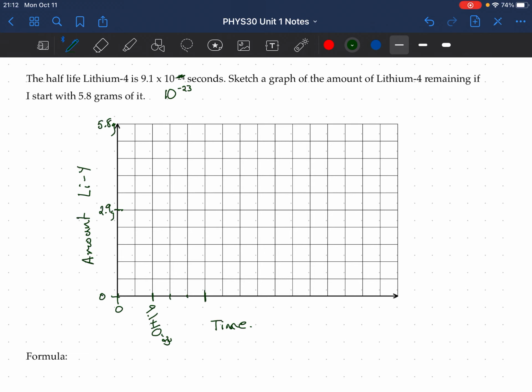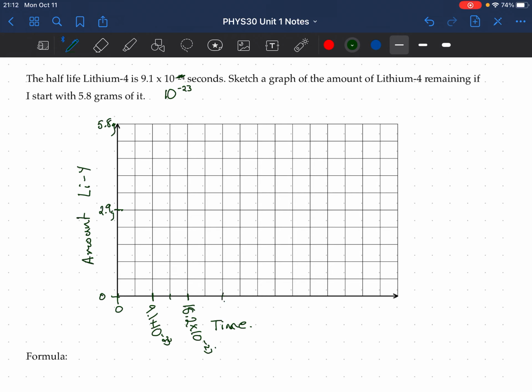Then this will be twice that, or 18.2 times 10 to the minus 23 seconds. And then, oh, I made it 3. I shouldn't have made it 3. I should have only made it 2, shouldn't I? Right here. 18.2 times 10 to the minus 23 seconds.